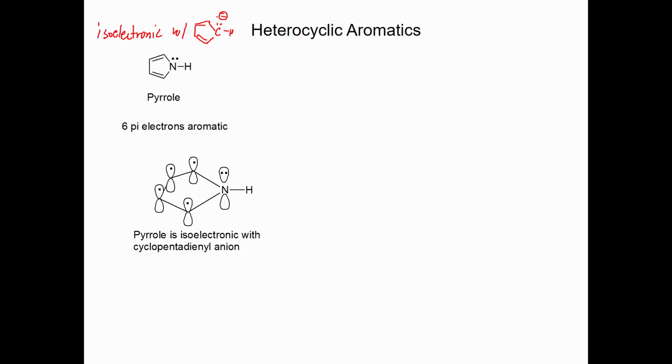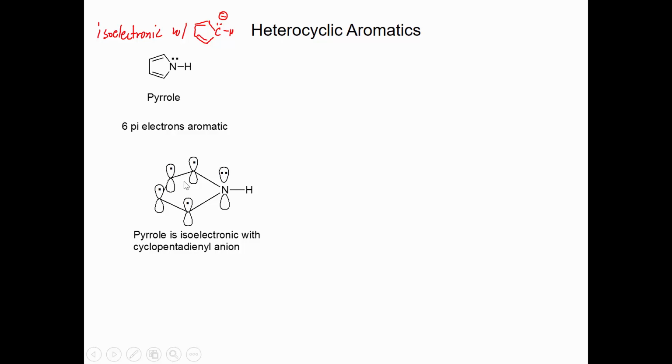All right, so when we do this hybridization change, remember that ammonia is really sp3, but we can turn the nitrogen with 3 bonds and a lone pair into sp2.